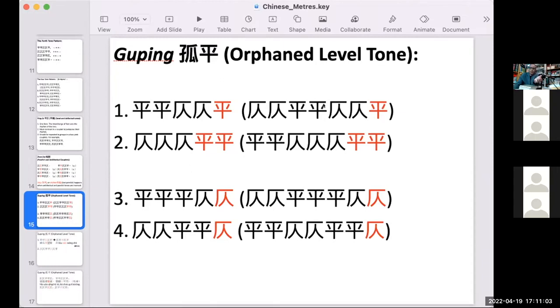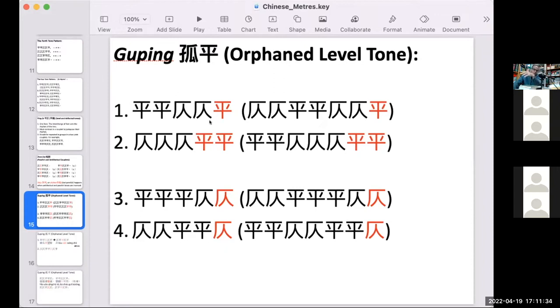There are some rules regarding this gu ping. For example, in wu shi, pentasyllabic, or qi shi, heptasyllabic, gu ping occurs only when the poem has ping as rhyme.